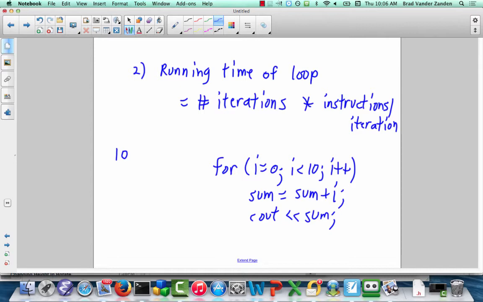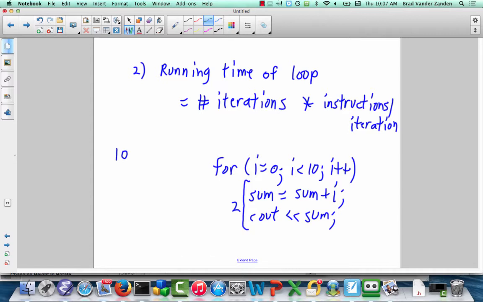So we have a linear sequence here, right? And we're going to count, even though cout is a function, we count it as taking one instruction. So we're going to say there are 2 instructions there. Can anyone tell me, there are a few more instructions being executed though. What are some others?